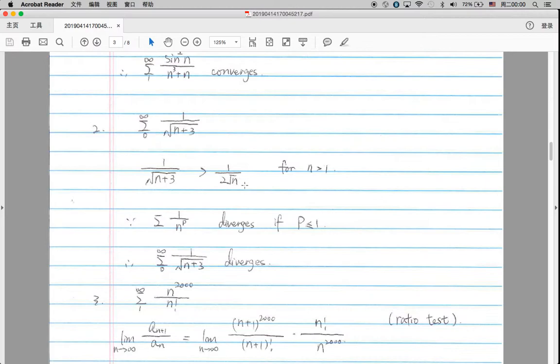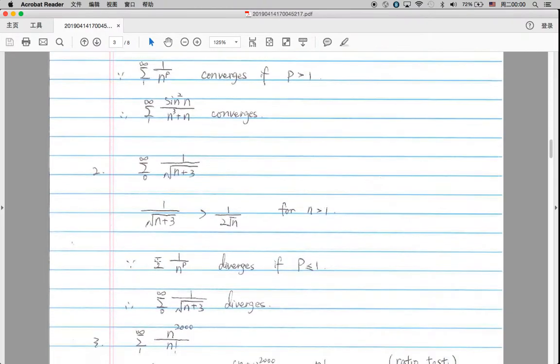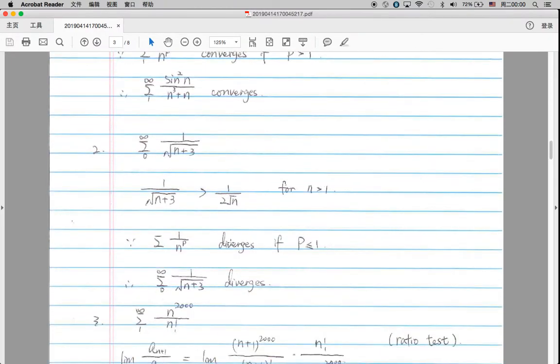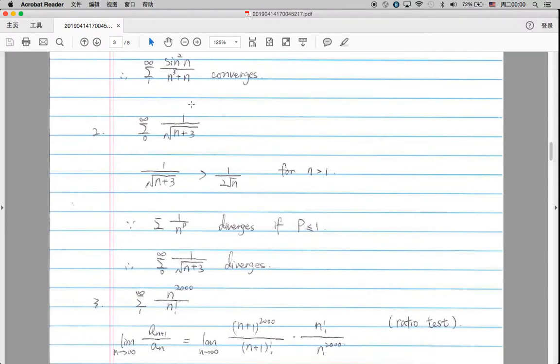Since this p series diverges if p is less than or equal to 1, we know that this is diverging. Whatever is greater than a diverging series should also be diverging. So as a result, this series also diverges.